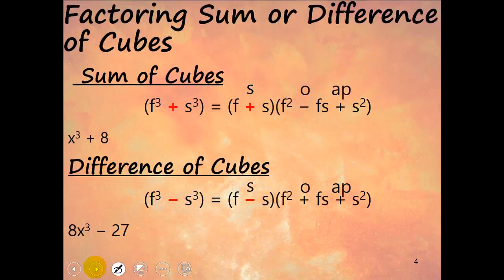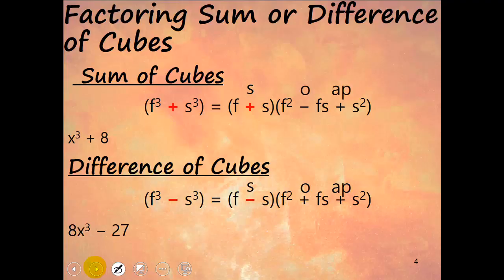When we factor the sum or difference of cubes, we follow a pattern. Now, you're going to learn later on in higher order math classes about the binomial theorem and how to expand these. But for right now, it's important that you just learn them and be able to use them, all right?